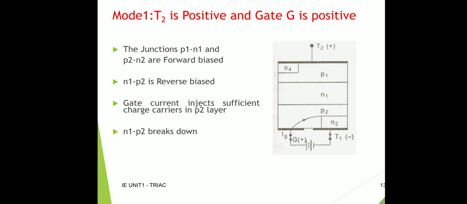That means the N1 P2 junction breaks down, and the device conducts in the first quadrant, with conduction through P1 N1 P2 N2.